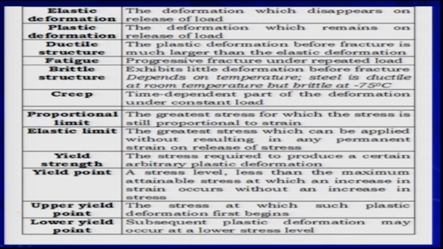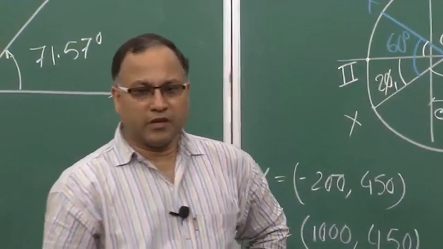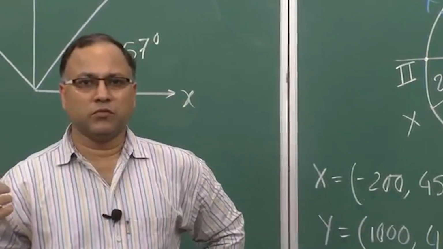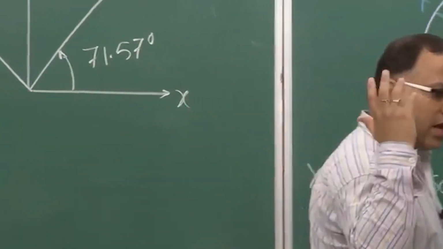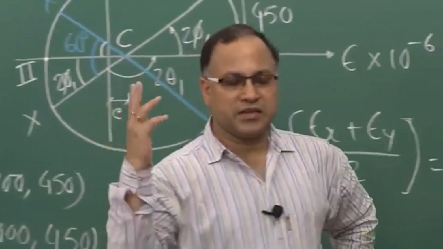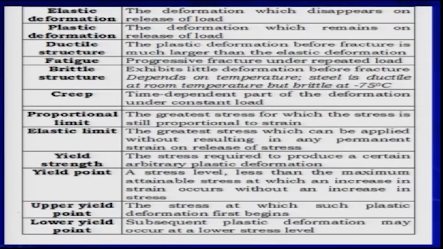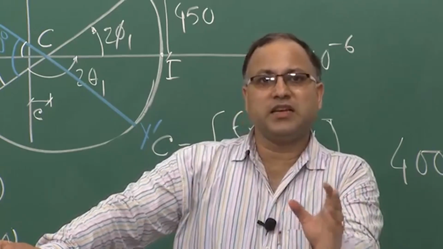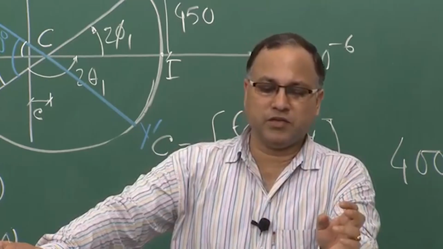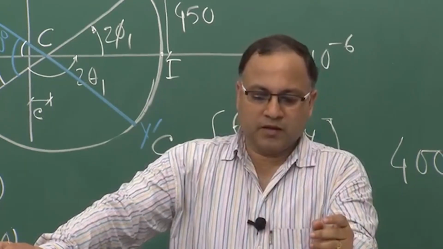The deformation which disappears on release of load, as you know. So, you are loading, the material is showing some deformation, you release the load, the deformation will disappear. That kind of deformation is known as elastic deformation. Similarly, you will have plastic deformation, the deformation which remains on release of load. That means, even after releasing the load, the deformation still exists. That kind of deformation is known as plastic deformation.